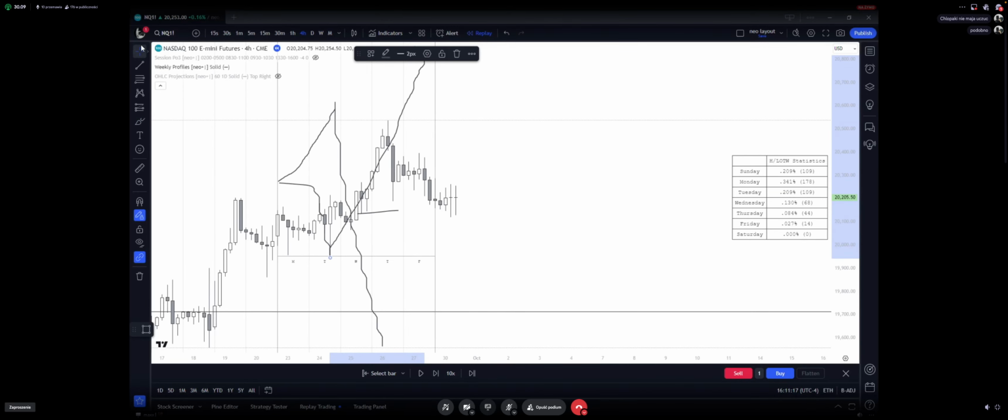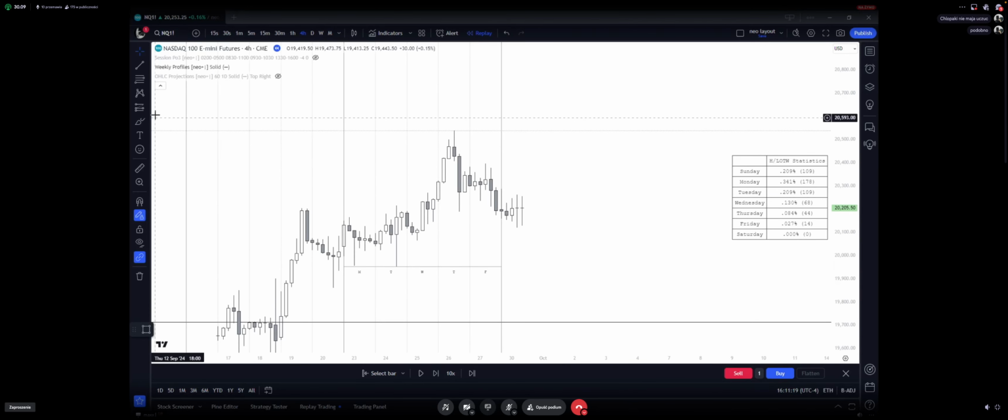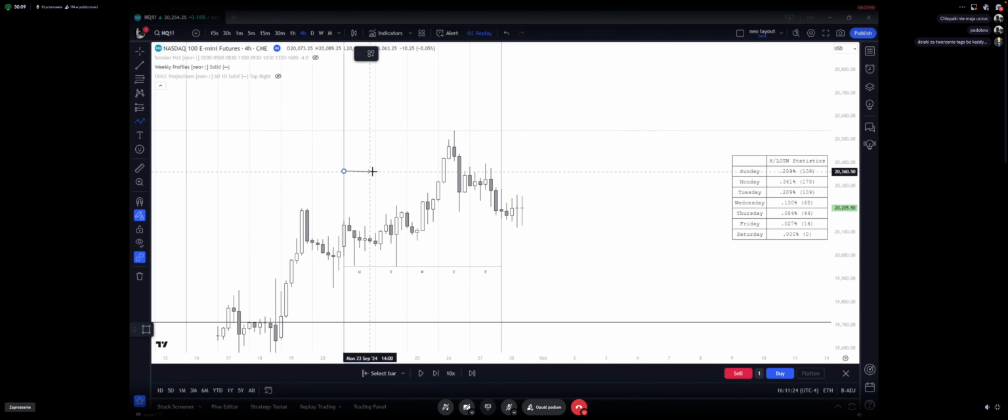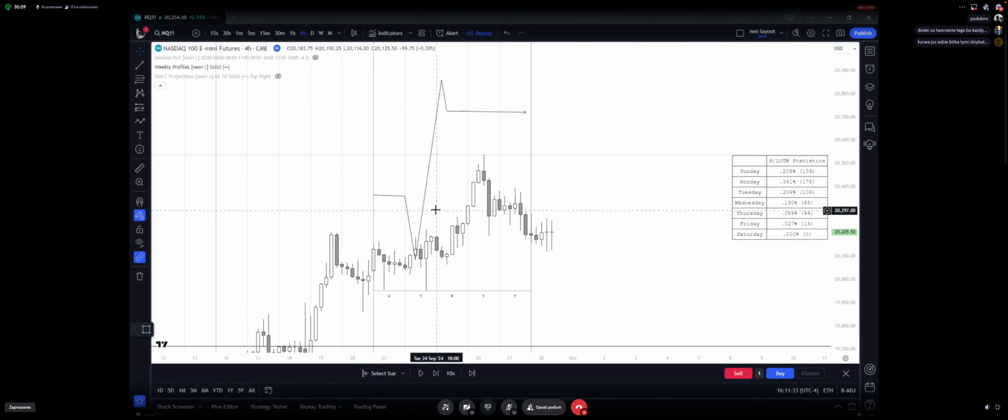Although that's a very bad drawing. Let's try to do something better. So you get the open, then you're going to get the low of the week, and then you're going to get the high of the week. And then see if this one happens on Tuesday, it's going to be added to the data set. And you're going to see that, oh, well, 20% of the time it's made on a Tuesday.